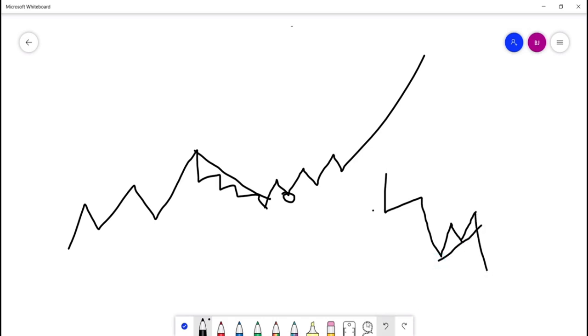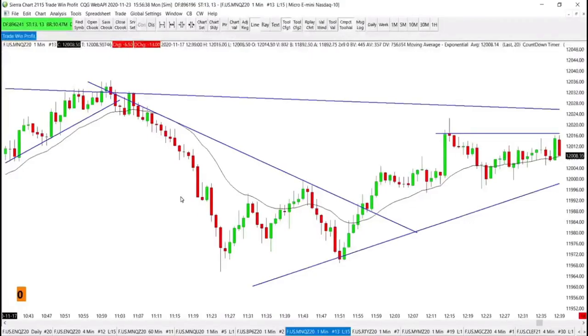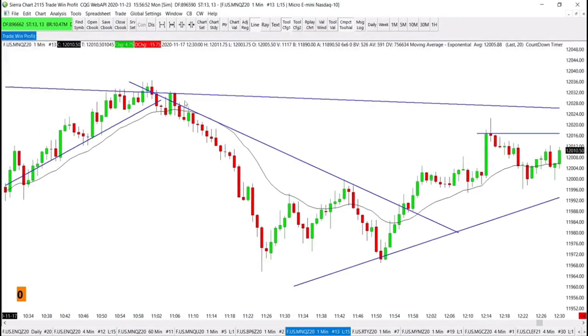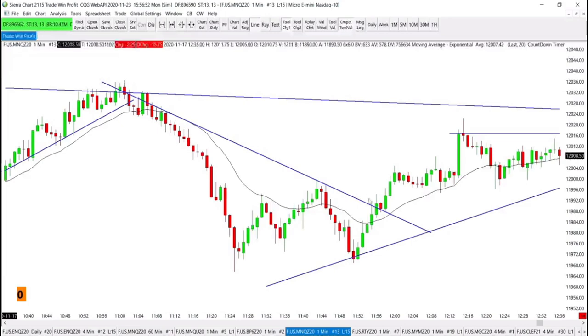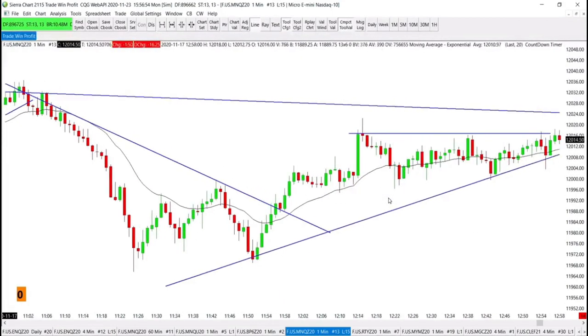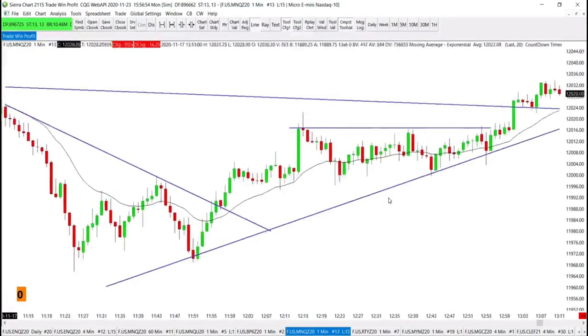All right, so let's go back to the example. Here was the break right here, guys, and notice how price basically went straight down. That's exactly what I'm talking about. If price goes straight down like this, sometimes it's just very hard to get a trade. But notice how on this trend line break we have a nice little stair-step pattern, a wave pattern.